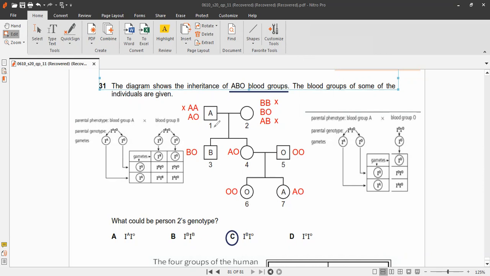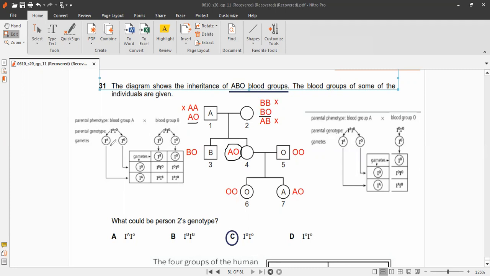What about 1 and 2? We want here AO. How to get AO? To get AO only, from AO and BO. Look here at the Punnett square.